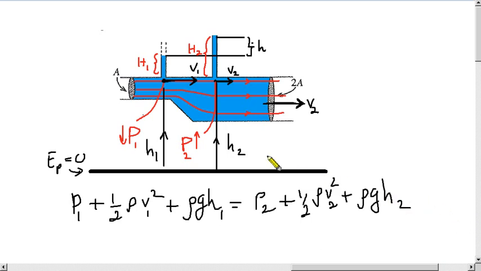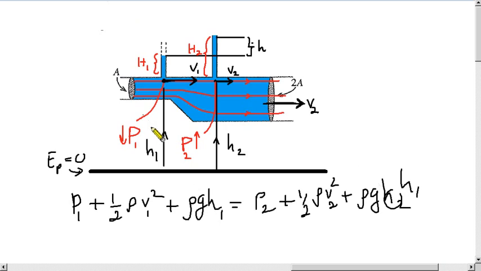So you see this h1 and h2 are equal here, since this streamline is exactly horizontal. Therefore instead of h2 we can write h1 because they are equal. So these terms cancel each other.